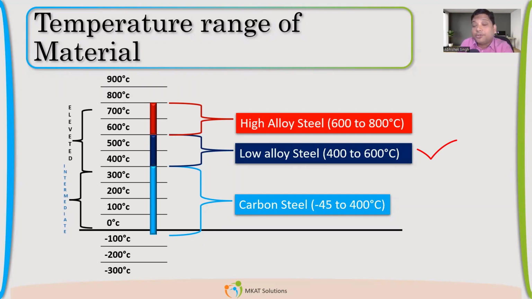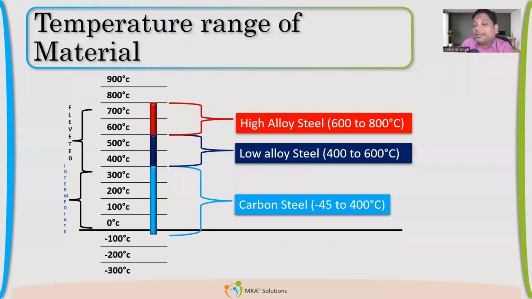SS also can be used, but there is one reason for not using SS in this temperature range that we'll talk about later. Can anybody highlight what is the problem with SS at around 450? IGC, exactly, intergranular corrosion.